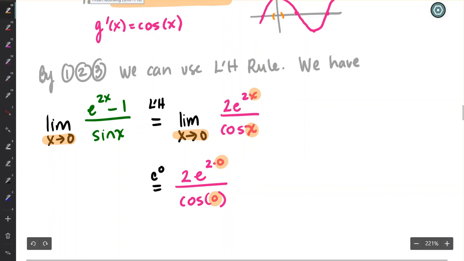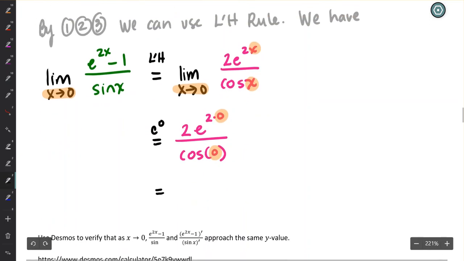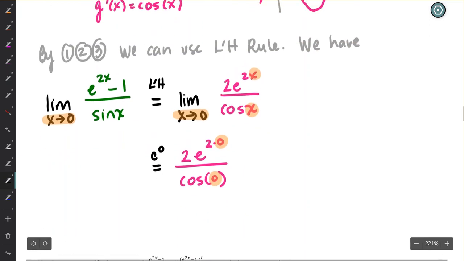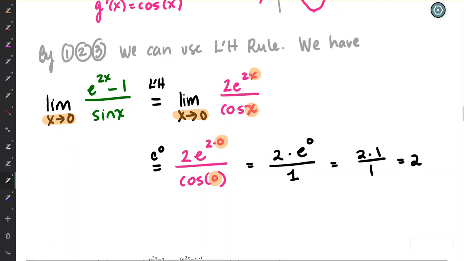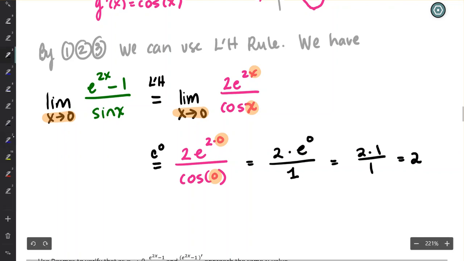And this is equal to 2 times e to the 0 all over cosine of 0, which is 1. E to the 0 is 1. We have our answer here, 2 times 1 over 1. Answer 2. Which is the answer that we got.